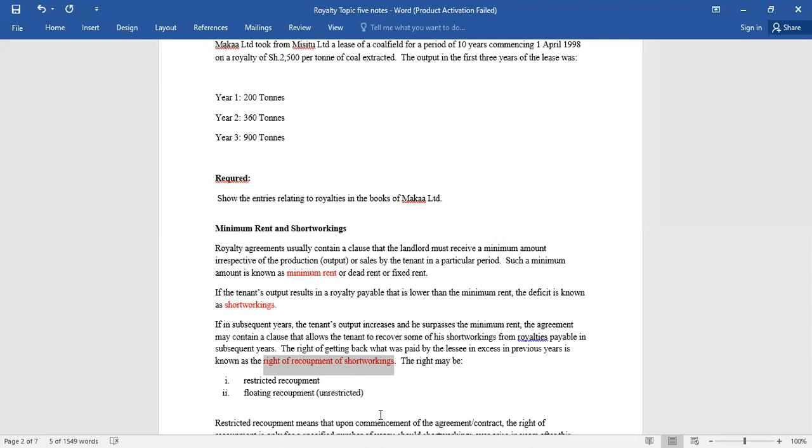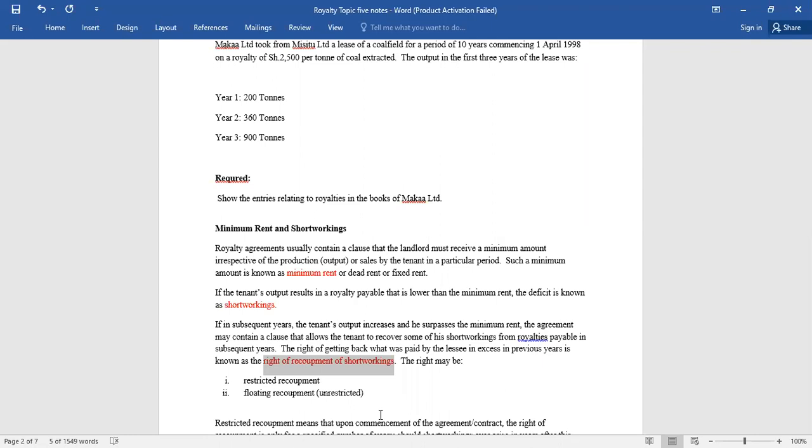So in other words, short workings recoverable should be carried forward, because in future, should we have an overrun on what we are now calling the surplus, we are going to recoup, depending on the lease agreement.